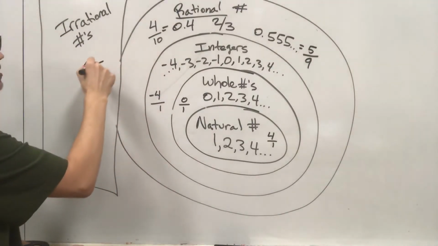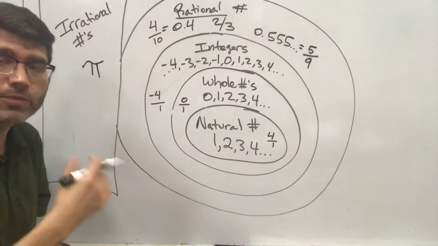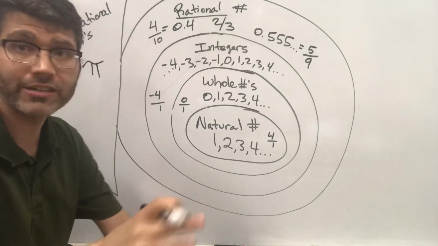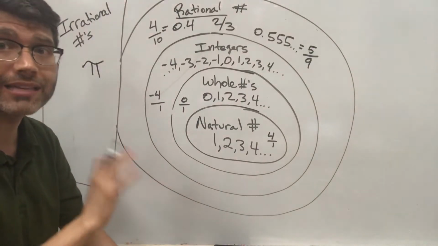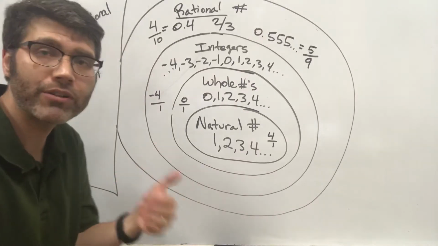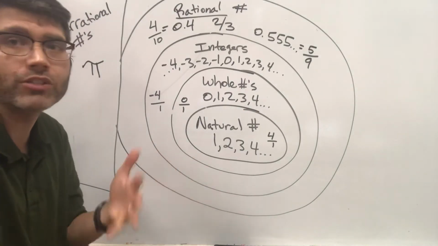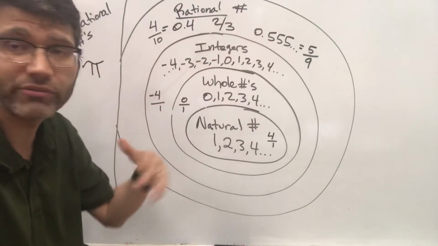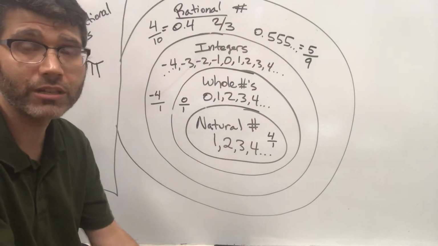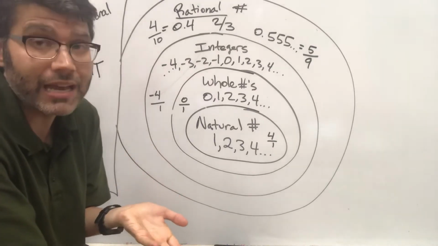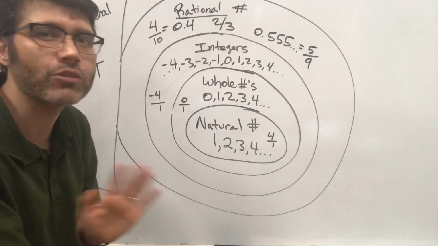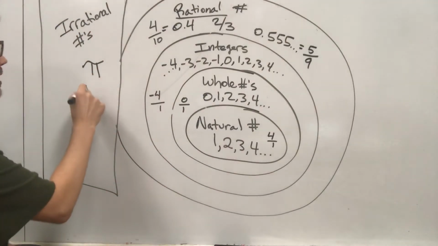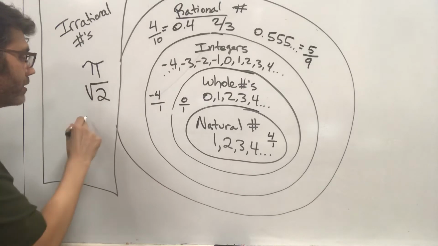So for instance, pi is 3.14159 ... It never ends, and you didn't hear any patterns in that. So pi is irrational, meaning that it can never be written as a ratio. There's no way we can turn pi into a fraction. It can be approximated as a fraction, like 22/7, but that's only a rational approximation. It's not actually pi. Also, the square root of non-perfect squares.